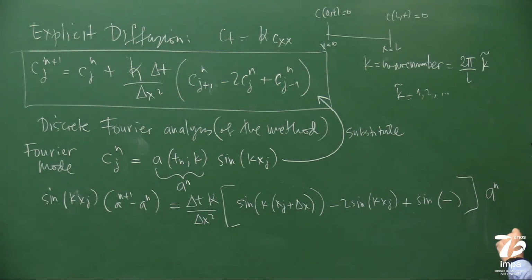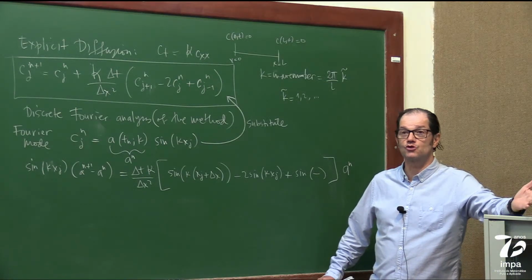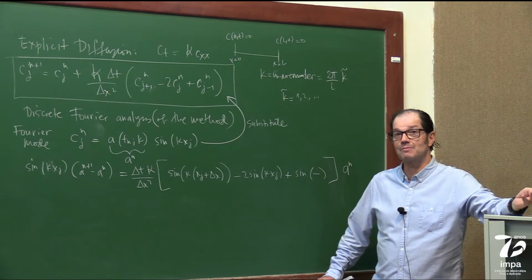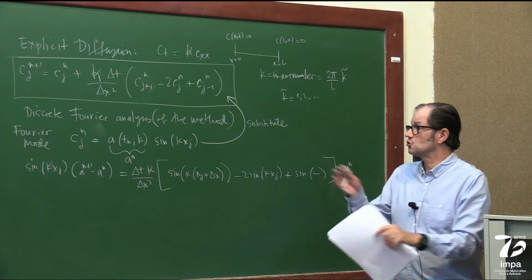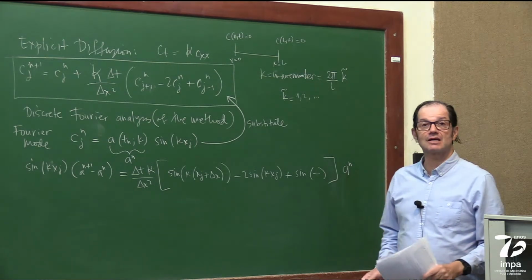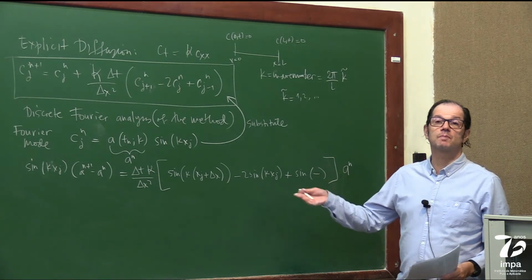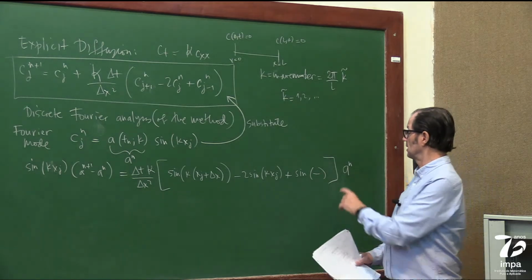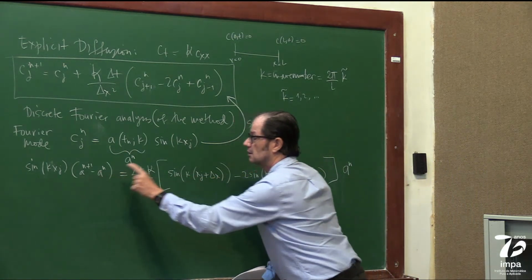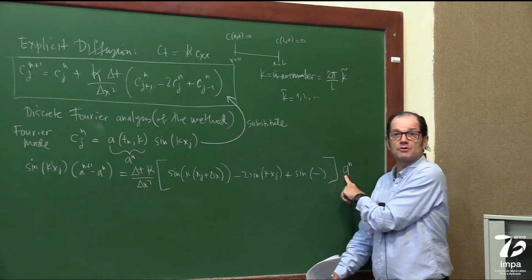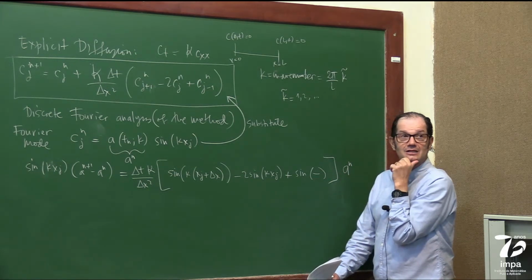And what I'm dying to do now, and you should be wanting the same thing as me, is to clean up as much as I can the spatial part of the problem, because this looks like a discrete ODE for the amplitude, just like when we do a Fourier analysis for the continuum part.